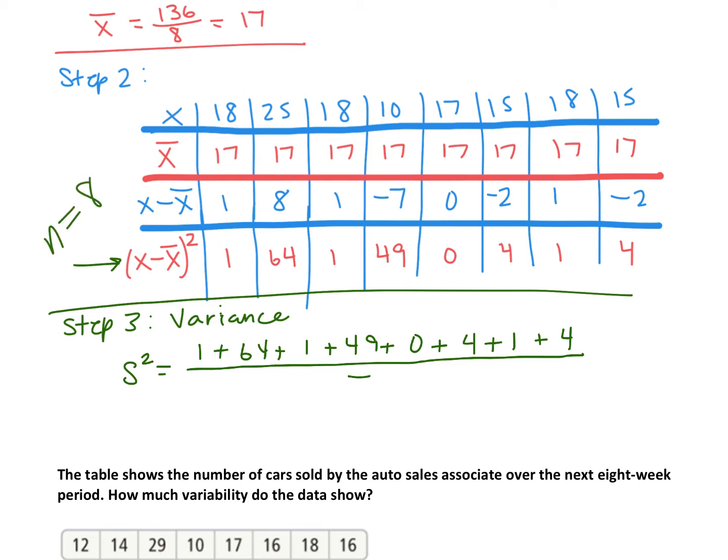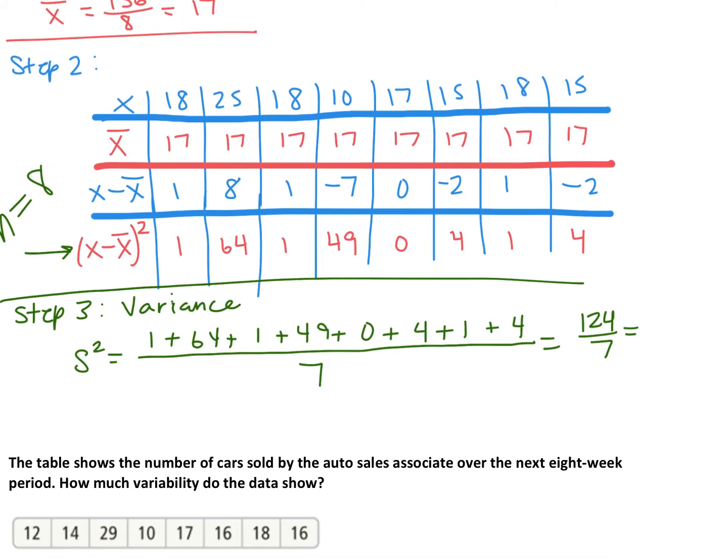So we are going to divide by 7. So when we add all those together, we get 124 divided by 7 gives us 17.71. We're doing a little bit of rounding there. 17.71 is the variance.